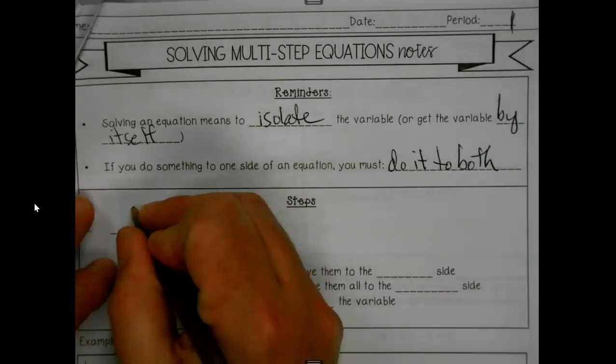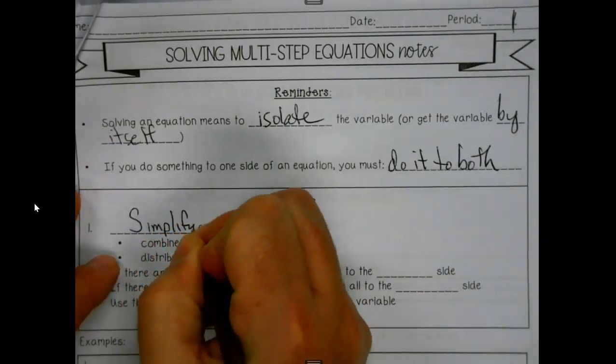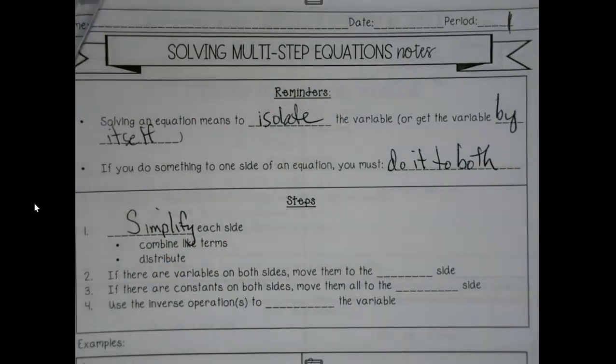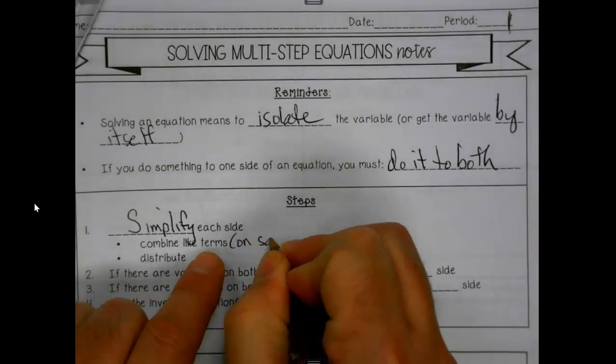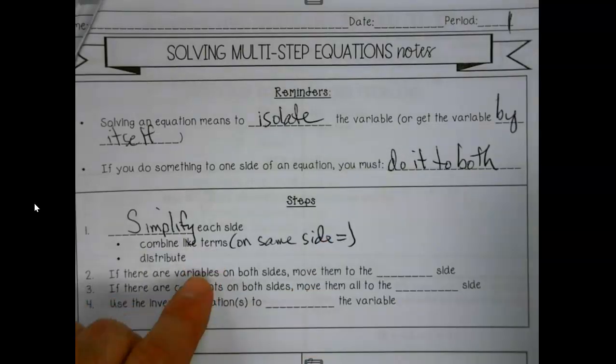So first job is always to simplify each side. And there's two ways we can do that. If you already have multiple terms, we got done with that last cycle, where there are like terms, x's, numbers, put them together. Combine like terms on the same side of the equal sign.